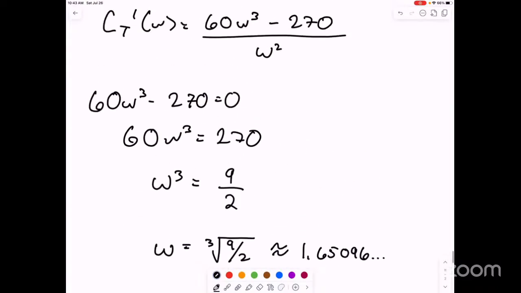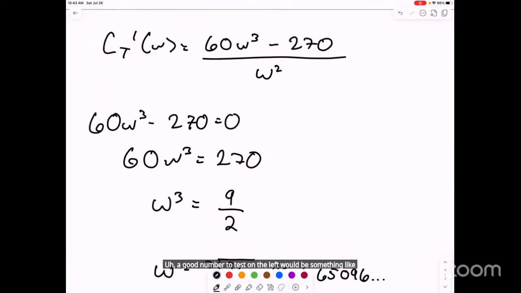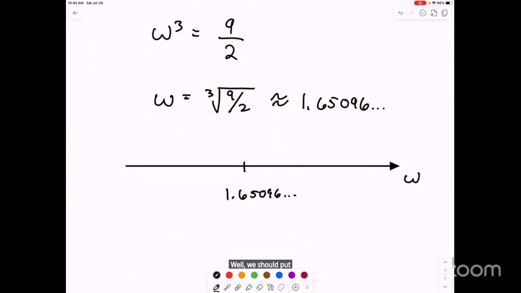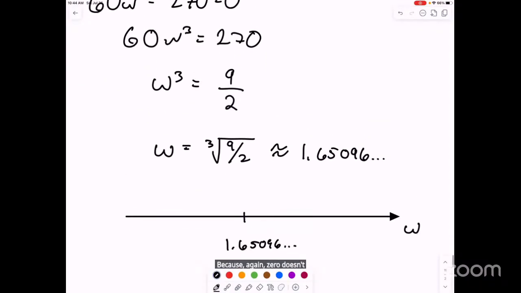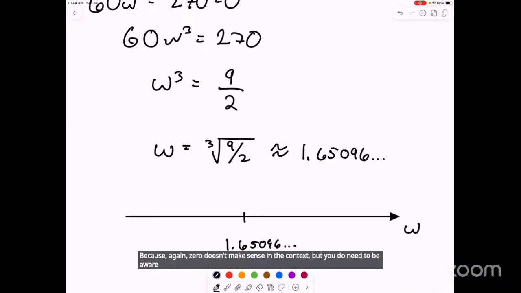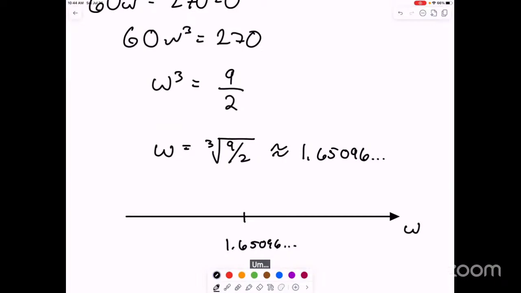A good number to test on the left would be something like 1. Well, we should put 0, but I'm just going to go with this one for the sake of time. Because again, 0 doesn't make sense in the context, but you do need to be aware. Like, because if we had chose a negative number, that's going to be on the other side of that critical number. It would throw things off. I mean, to be thorough, we should do like a 0 here.